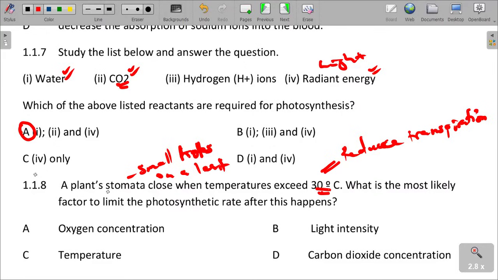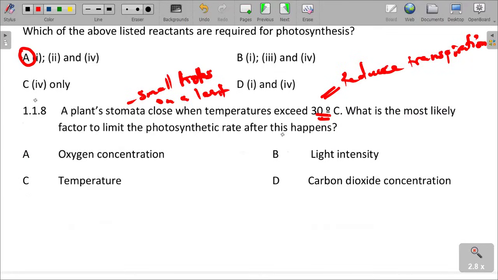So what is the most likely factor to limit the photosynthetic rate after this happens, when a plant's stomata close when the temperature exceeds 30 degrees Celsius? We can't talk about light intensity.